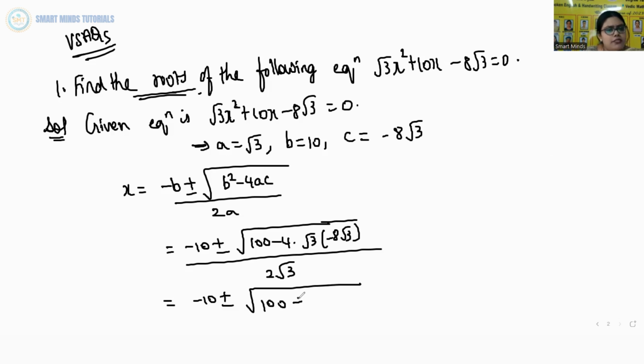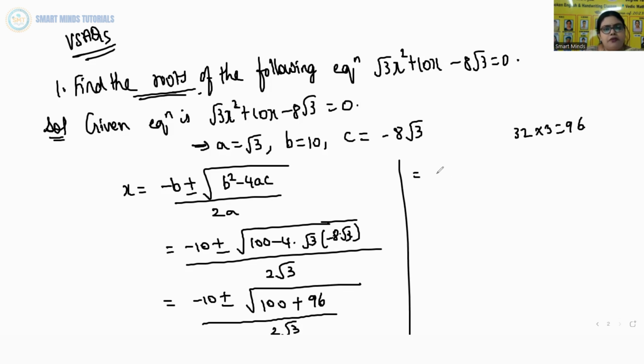Minus into minus is plus. 4 into 8 is 32. Root 3 into root 3 is 3. So 32 into 3 is 96. Understood how I multiplied 4 root 3 and 8 root 3? 4 8s are 32. Root 3 into root 3 is 3. So 32 into 3 is 96 by 2 root 3.